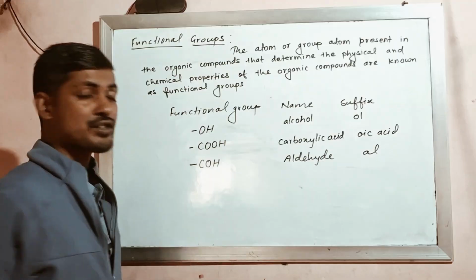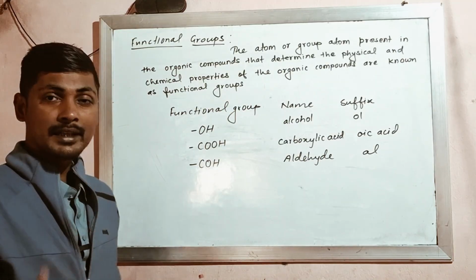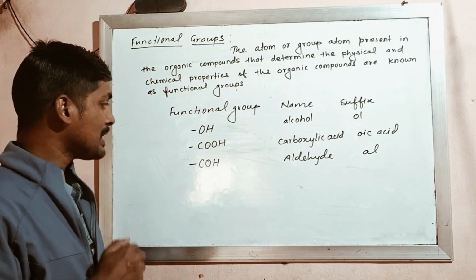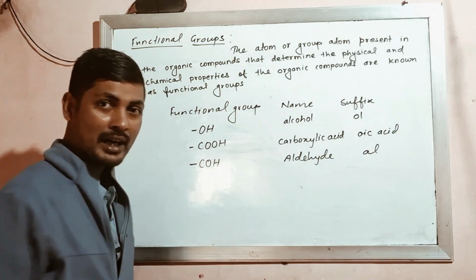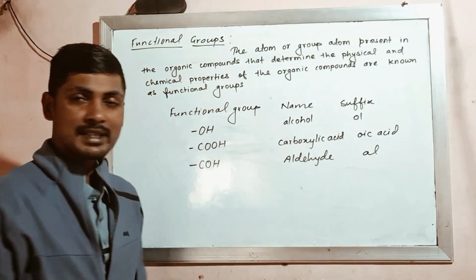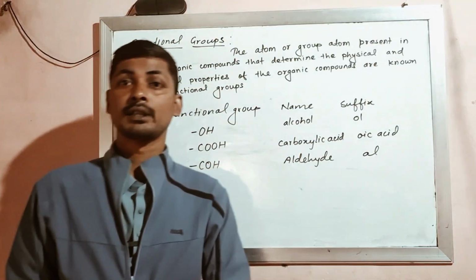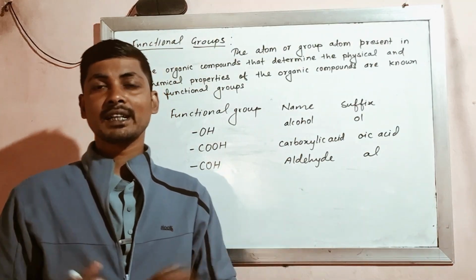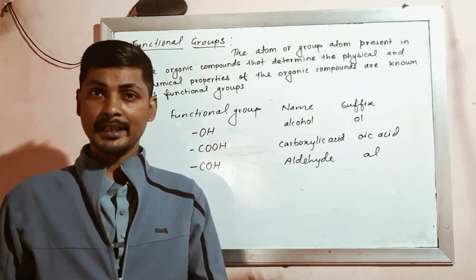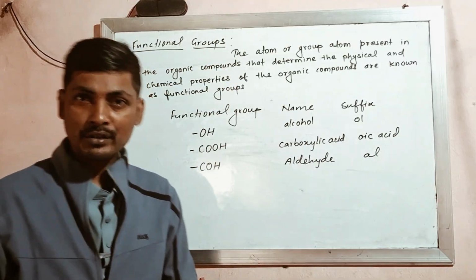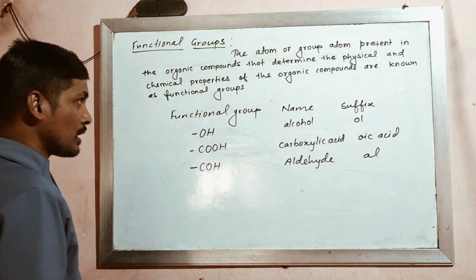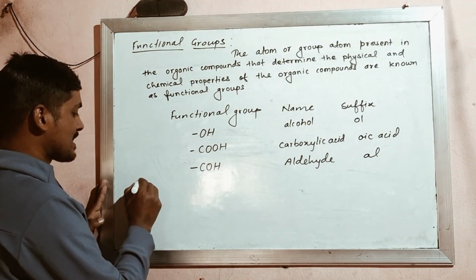If there is COH in any organic compound, then the compound is an aldehyde and its suffix is -ol. So these functional groups determine the physical and chemical properties of organic compounds. Now after functional groups, let's talk about the homologous series.